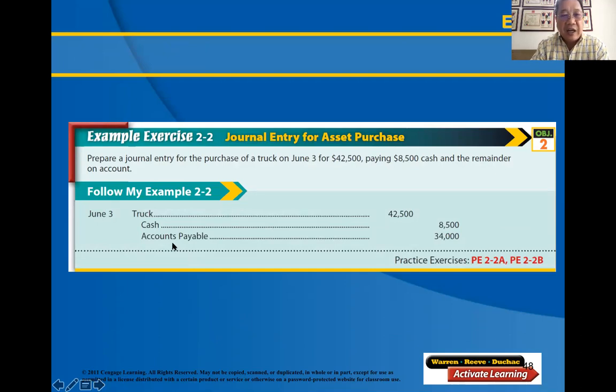And credit accounts payable, 34,000. Bakit? Kasi 8,500 lang ang binayad niya. Nag-down payment ng 8,500. Pero ang binili niya talaga ay truck na worth 42,500. Inutang niya yung balanse. Again, this is a compound entry kasi more than 2 accounts were affected.